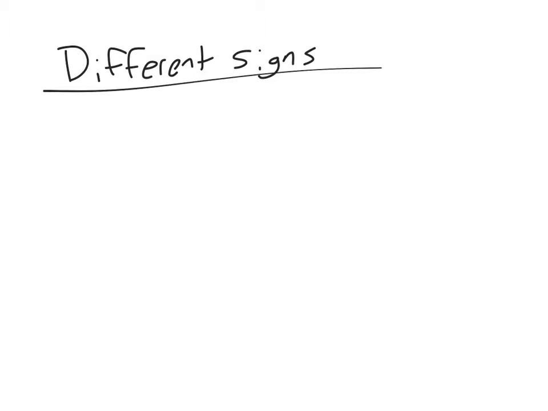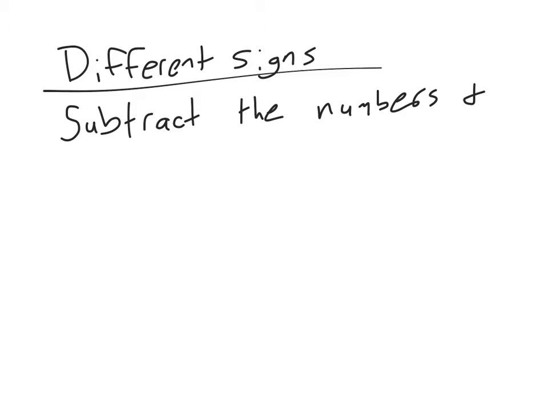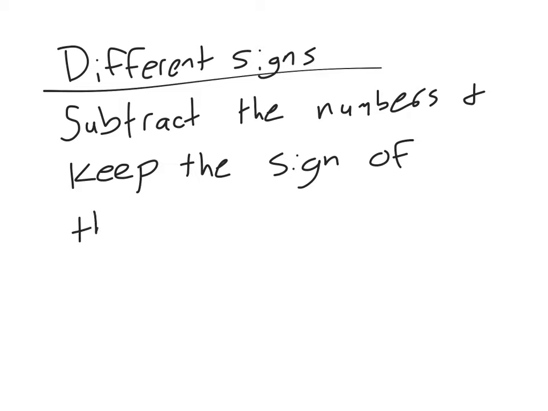Okay. Now we have different signs. When we answer that and we say they are different signs, we are going to subtract the numbers and we keep the sign of the dominant number.